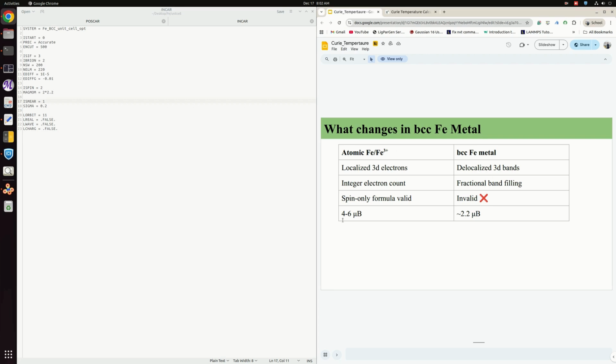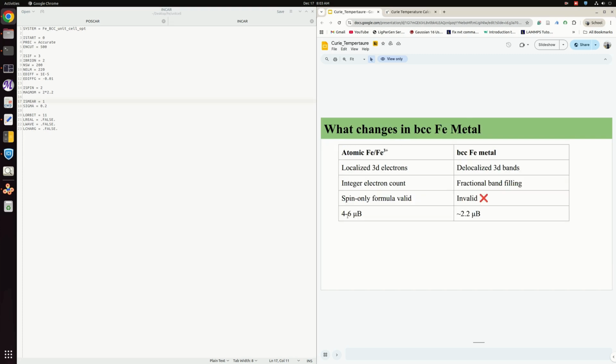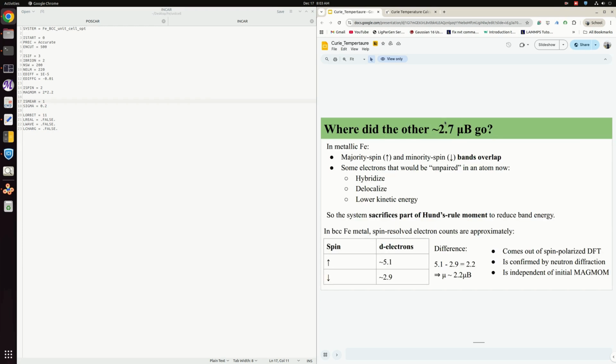And we can have a magnetic moment range of 4 to 6 mu B, but in this case we take the value as nearly 2.2 mu B. Why I have taken this value 2.2, I will show you in the next slide. If we compare from this to this, we have a lower value by 2.7. So where did the other 2.7 mu B go?